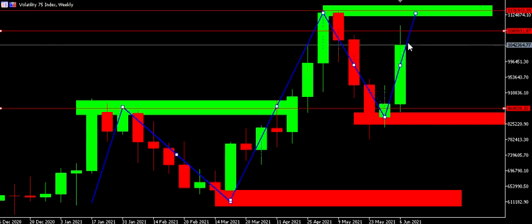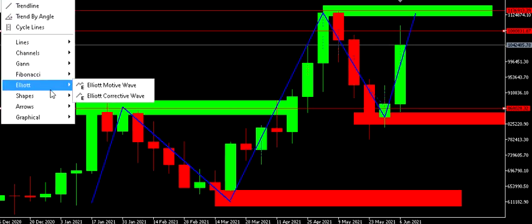But currently price is retracing. We are looking at the weekly time frame. Price is retracing currently, but we know the target is here.